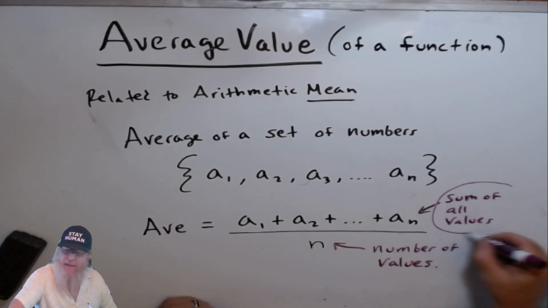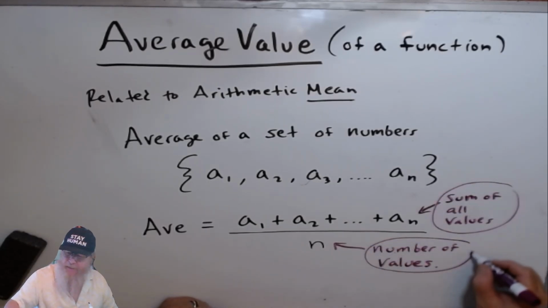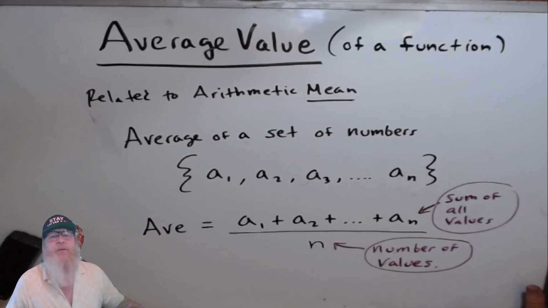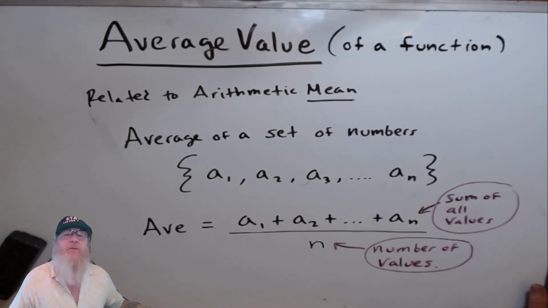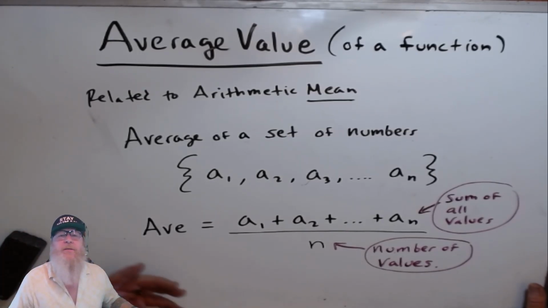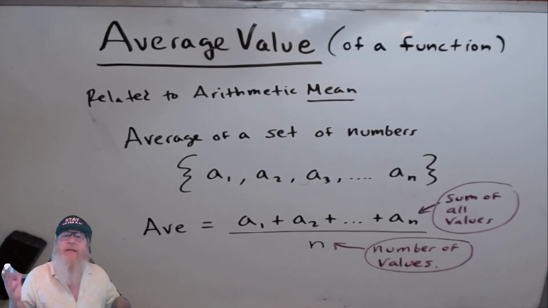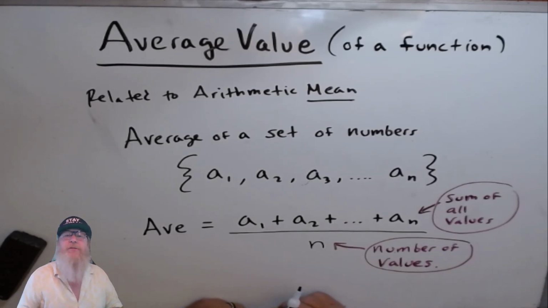So if you were just trying to explain what an average is to somebody that didn't understand a mathematical principle, you could say, well, it's actually quite simple. You just add them all up and divide. Yeah, that's kind of the basic way to explain averages.